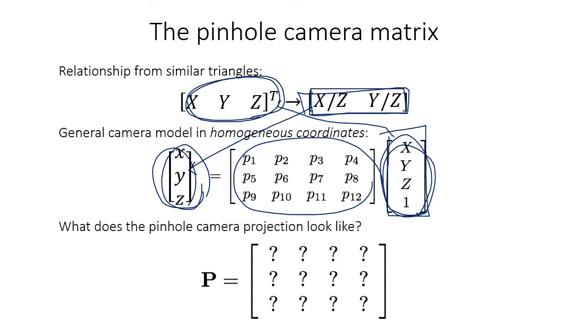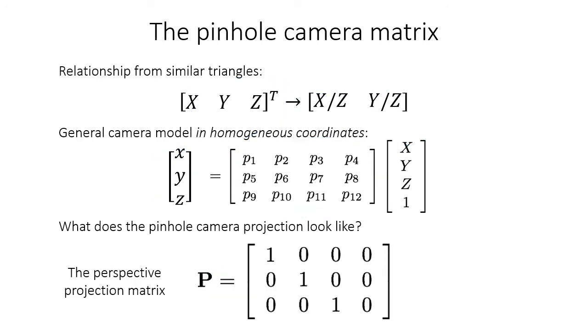What does the very simple pinhole camera projection look like? How can we know the value of this P matrix? It is as shown here. From this relationship, we can determine the value of each element of camera matrix P. So P1 is equal to 1 and P6 equal to 1 and P11 equal to 1 and other values are 0.